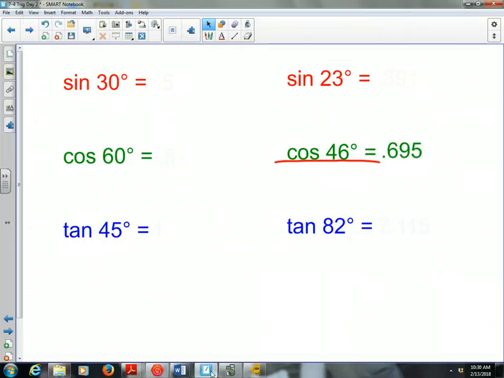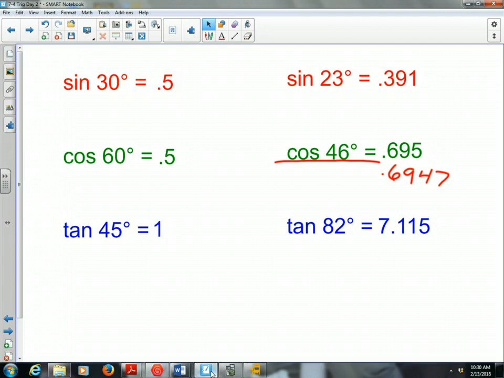I prefer 4 decimal places. So you guys can put the rest of these in your calculator, pause the video and try that, but after you should get these. So please pause the video before I reveal these and try those on your own.